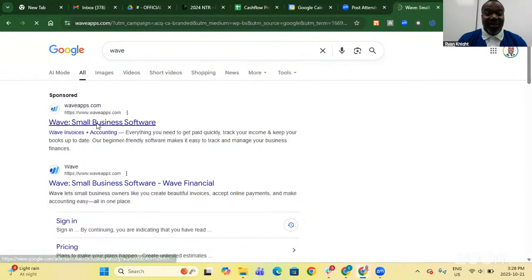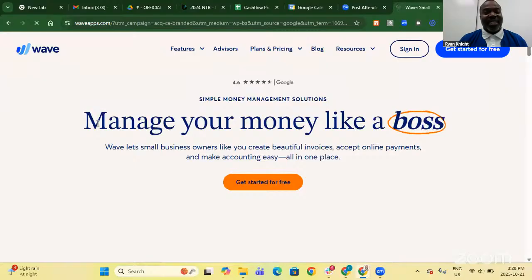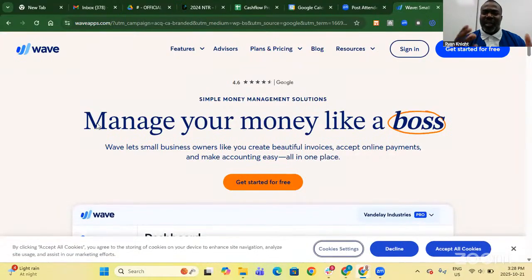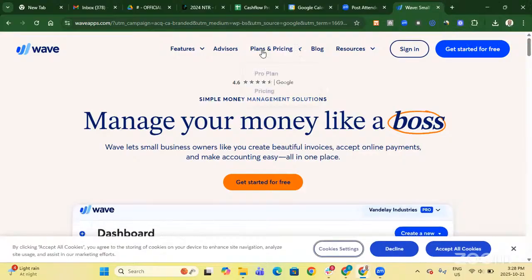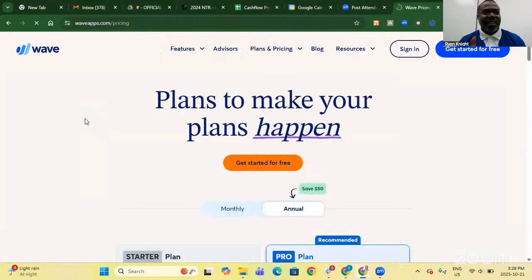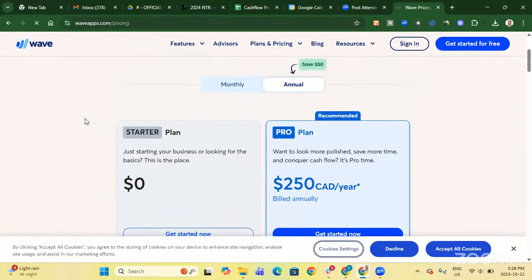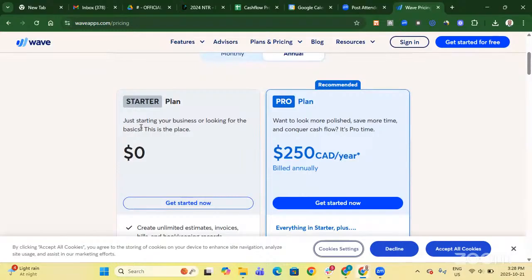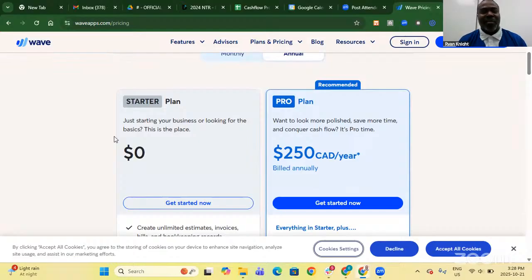No, it used to be free, and then you only had to pay if you needed the payroll services or the POS system. Now I noticed that you do have to start paying pretty early. There is still a free option. You'll see the starter plan is $0. I usually encourage people to start with Wave. When we do our youth entrepreneurship programs, we always show Wave because it's free and you can just start doing your invoices.